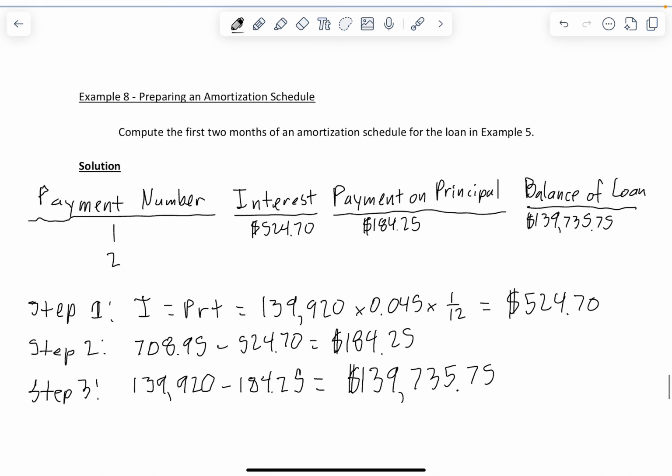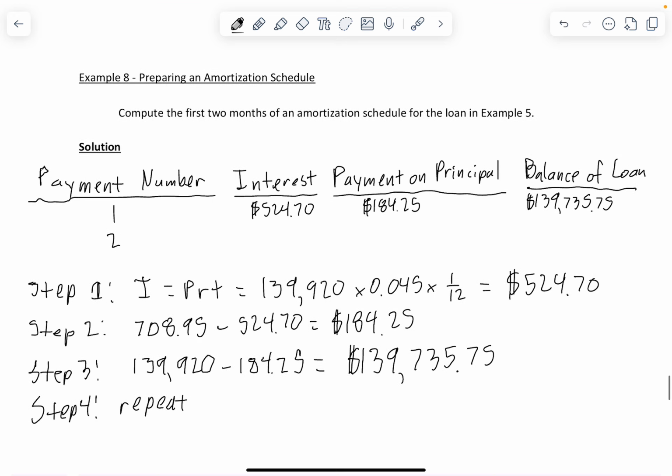And then step four, repeat. Okay, so I'm not going to work through the whole thing, but this time when you calculate the interest, my principal is now a slightly smaller number, right? So $139,735.75, right? Times 0.045 times 1/12. Right?